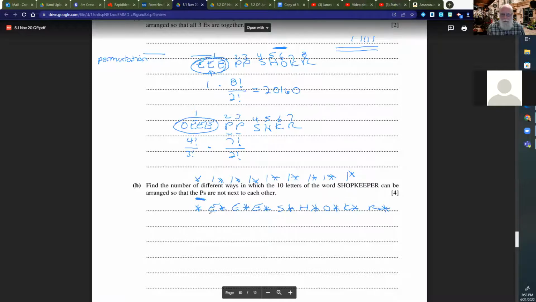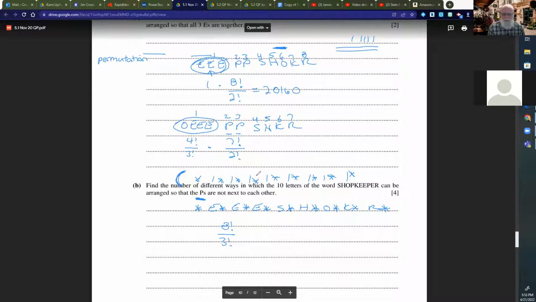How many different ways can these non-P's be arranged? 8 factorial, but how many of them are duplicated? 3 of them. And I've got to make sure I divide by that. And see, the problem is when I use stars and bars, I might miss the fact that there are duplications. You with me?